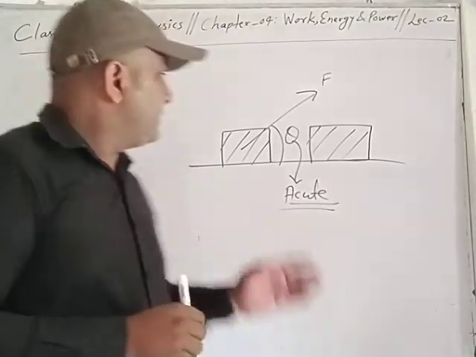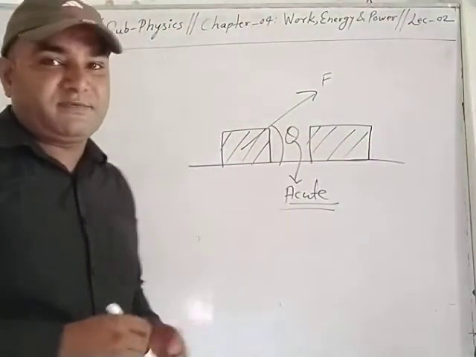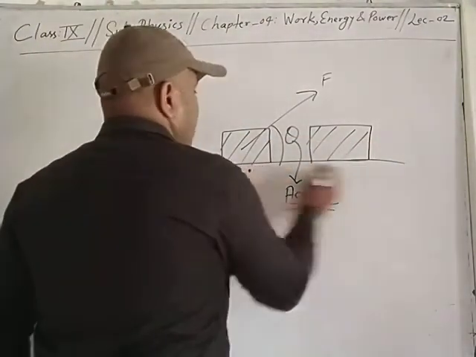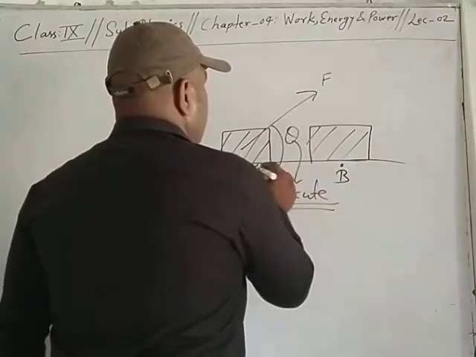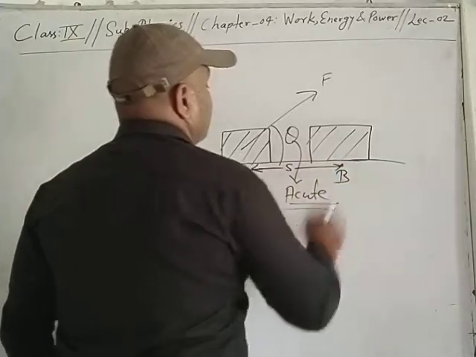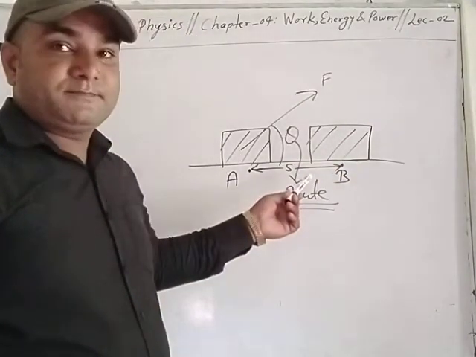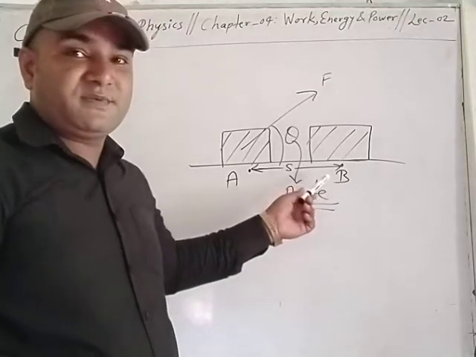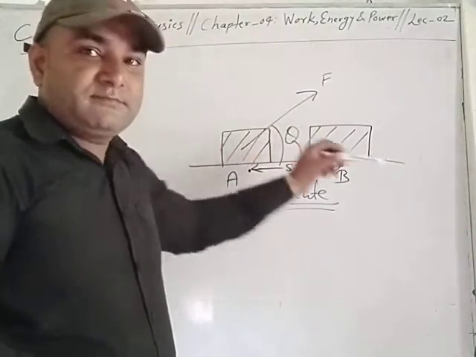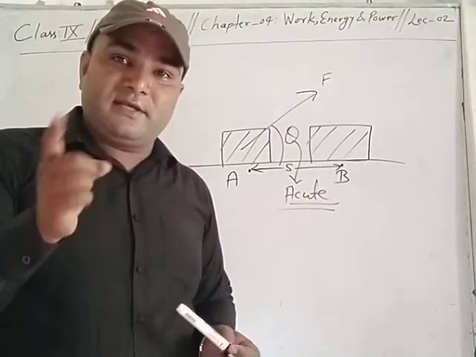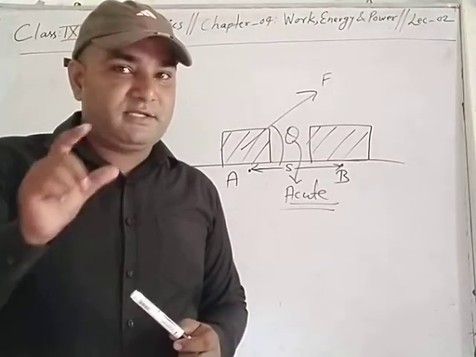And when the force is acting along the direction of displacement, here displacement occurs from A to B through S, and for producing this displacement, if the force acts in the same direction, then the angle will be 0, and then there will also be positive work, but the angle is 0 degree.